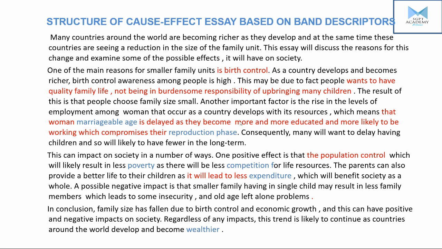Okay, so this is the cause that why the family size is getting reduced. Now let's see the effect. This can impact on society in a number of ways. One positive effect is population control, which will likely result in less poverty as there will be less competition for life resources.